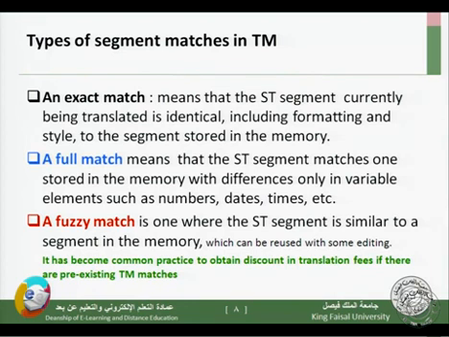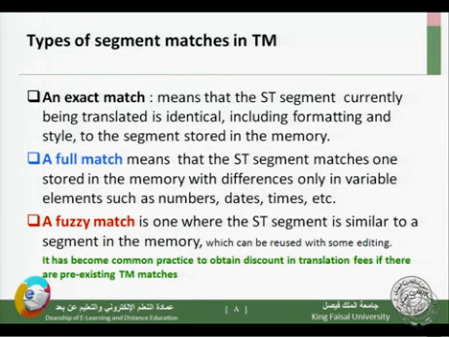Now, there are three types of matches. We have an exact match. An exact match means that you take the ST segment from English. You want to translate this. You put it in the translation memory.